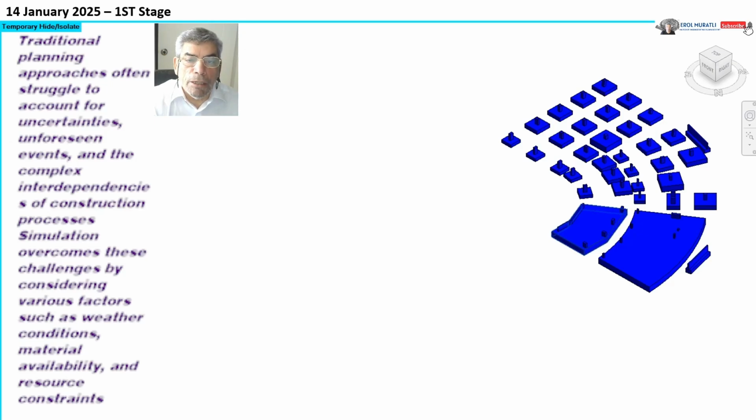Traditional planning approaches often struggle to account for uncertainties, unforeseen events, and complex interpretations of the construction process. Simulation overcomes these challenges by considering various factors such as weather conditions, material availability, and resource constraints.